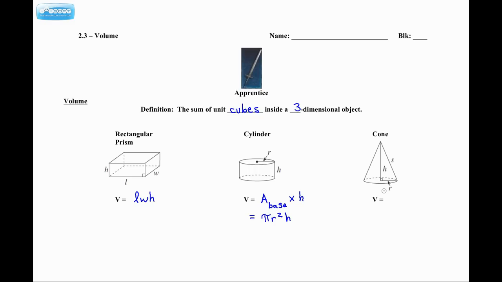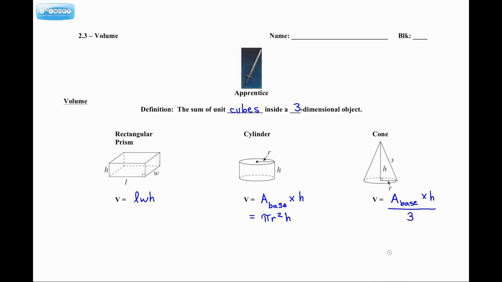Cone, believe it or not, is actually very similar to a cylinder. In fact, it's the same thing, apart from one small detail. All right, so it is the area of the base, which again would just be the area of the circle, okay, times the height. Okay, but we divide everything by 3.